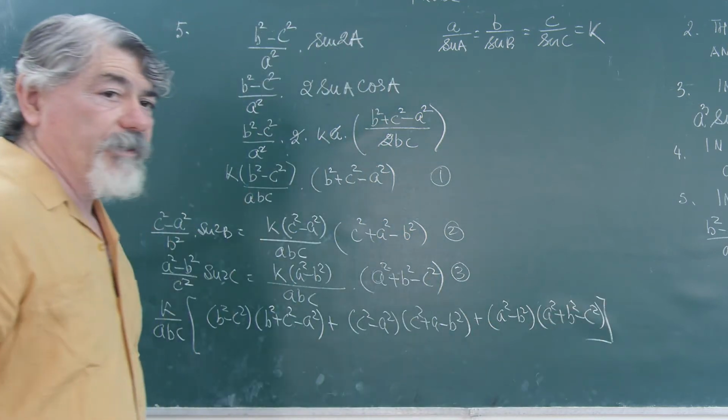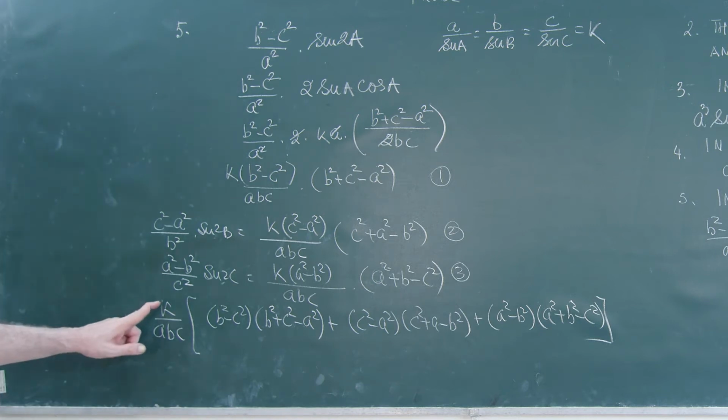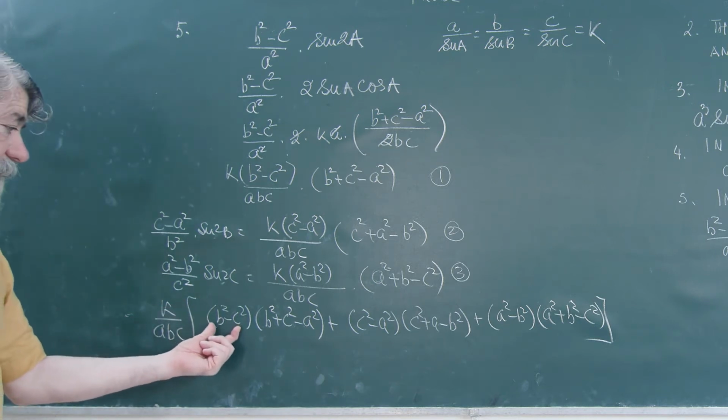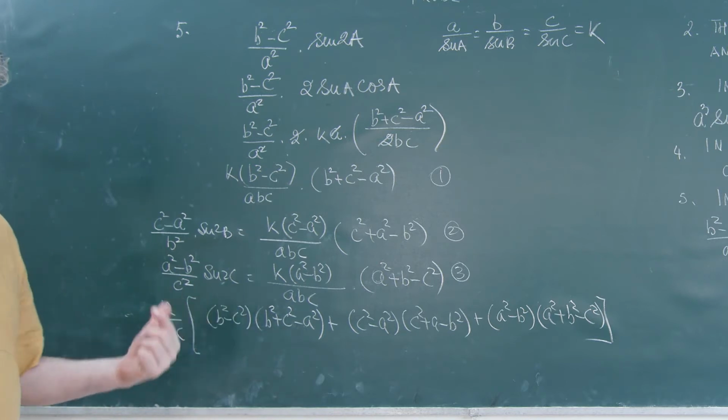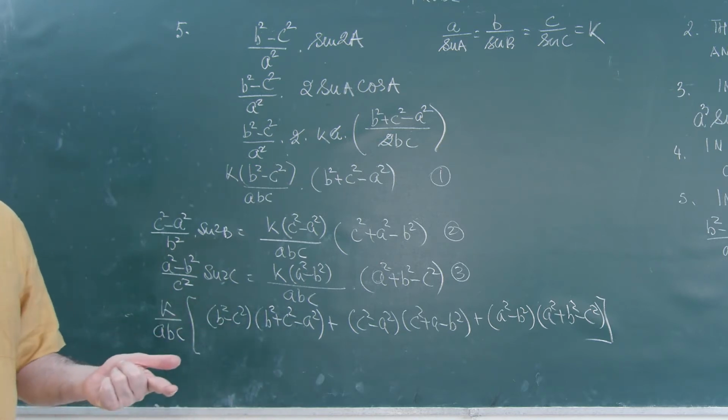Now it is simple plain calculation, nothing else. If I multiply A minus B, A plus B, it is A square minus B square.